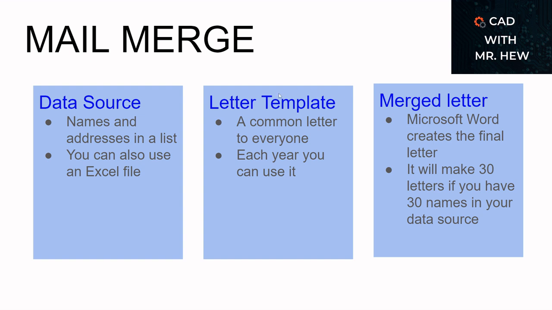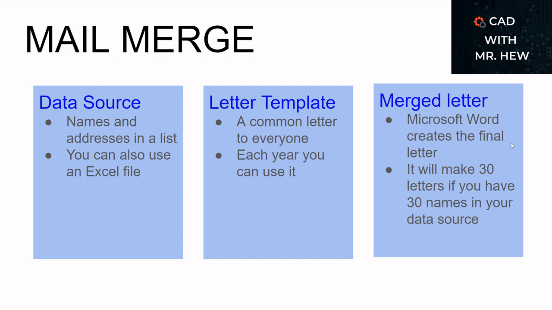Having the generic letter and your data source, the merge letter is a completed, final letter, and Microsoft Word will allow you to combine the names and the addresses to the generic letter, right? So if you have 30 letters to make, it will make the 30 letters and include the 30 names from your data source.